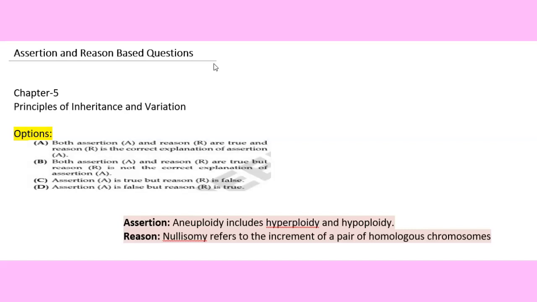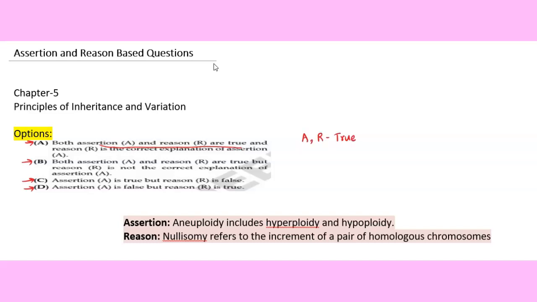Now, before solving any assertion and reason based questions, these four options should be there in your mind. Option A says that assertion and reason are true, means A is also true, R is also true.